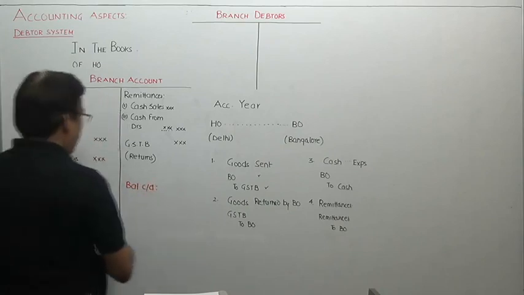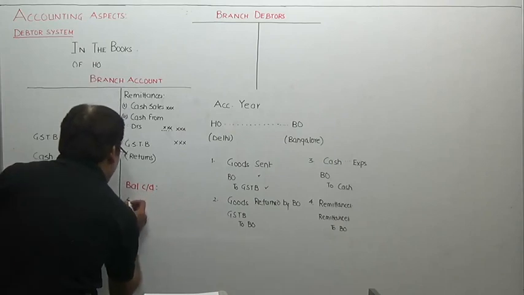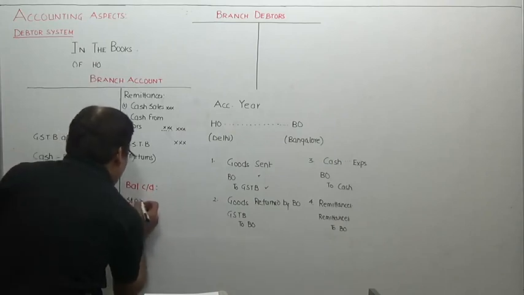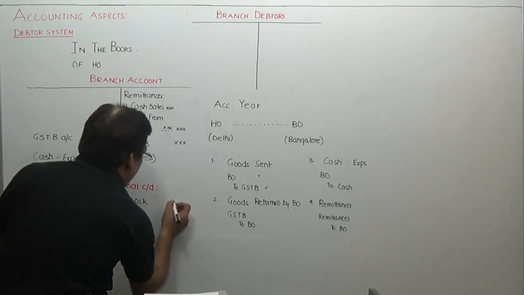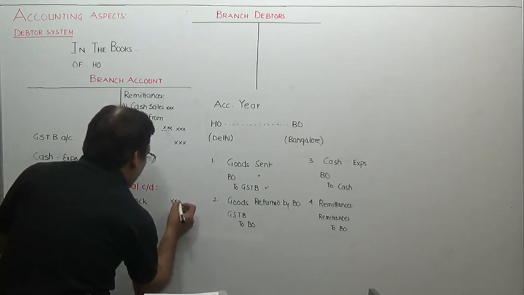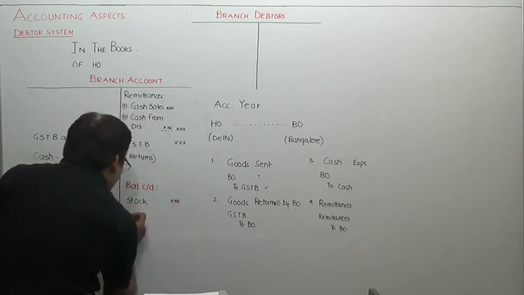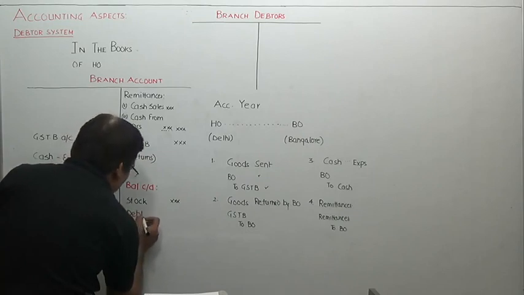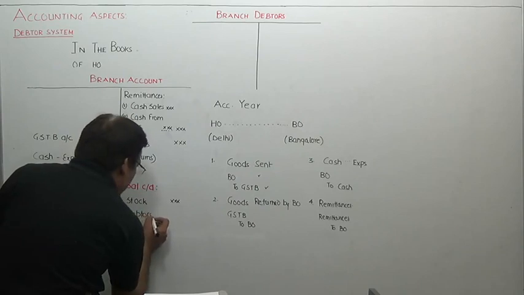Most of the time, you will find that branch is having some closing stock. So, you are going to write closing stock here. Similarly, you will find debtors. You will write debtors here.